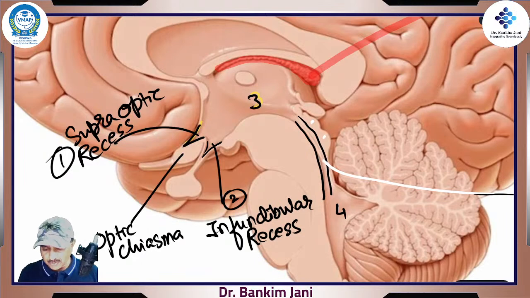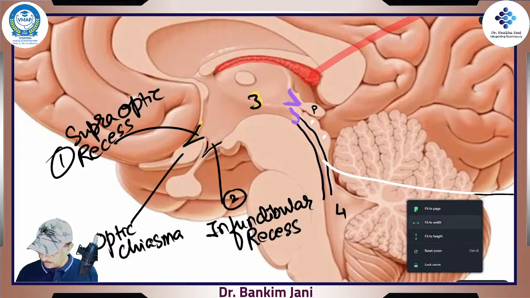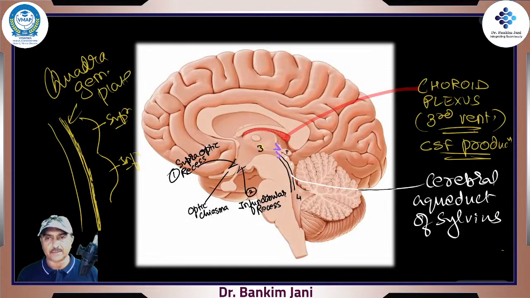Here is the pituitary, I'll just write P over here. So the pituitary is seen wonderfully, right? And think from the perspective of this third ventricle. Here is the projection, see, it is going like this. That is the suprapineal recess, and the one going like this is the pineal, right? So that is how things go. Clear?